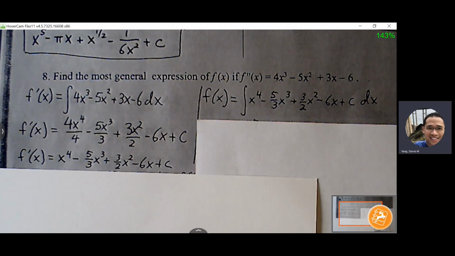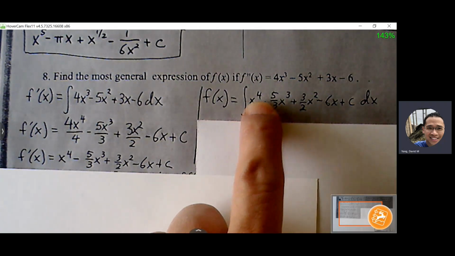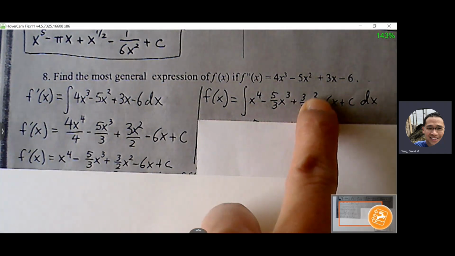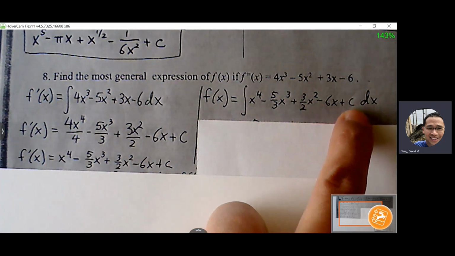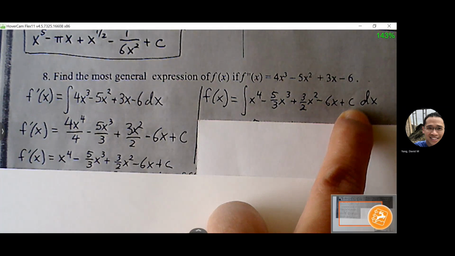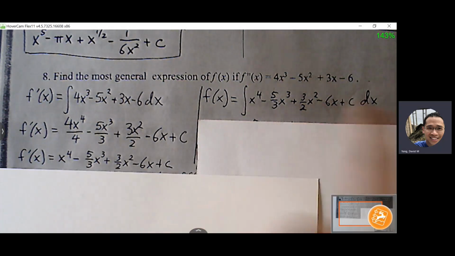Now I'm just one power rule away from getting from this f prime function to the f of x function. Every degree gets increased by 1. x to the 5th over 5, x to the 4th over 4, x cubed over 3, x squared over 2. What happens to the c? It becomes cx, but this process will produce its own plus c. So it'll be plus cx plus k, or you can say plus cx plus c sub 2.